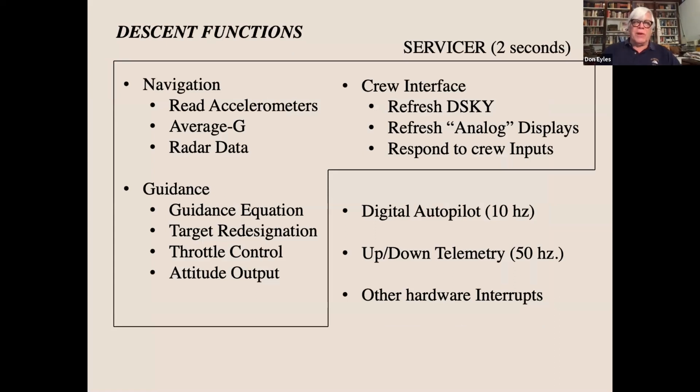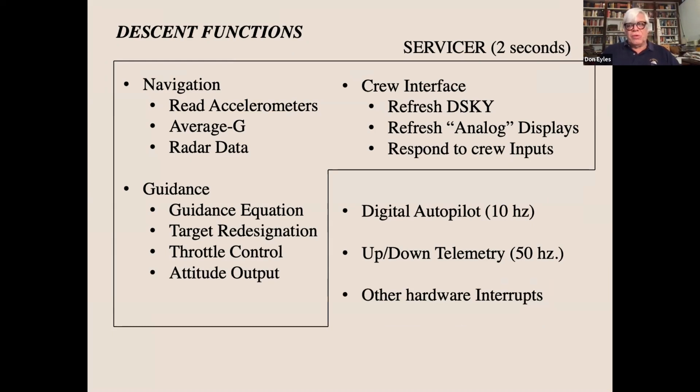Okay, I'm going to talk a little bit about what's actually going on in the computer and how that was coordinated, shall we say, how the operating system, although we didn't use that term, how that worked. This lists the descent functions. And the heavy lifting took place on a 2-second cycle.